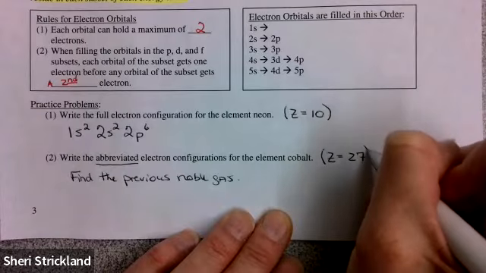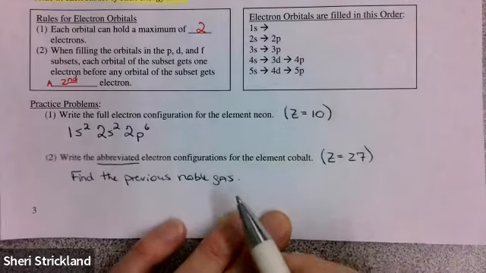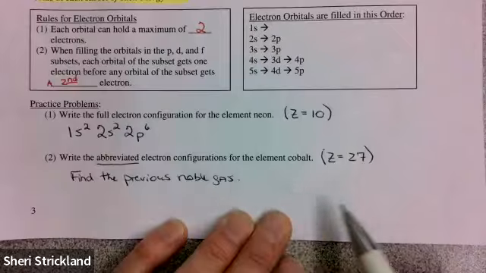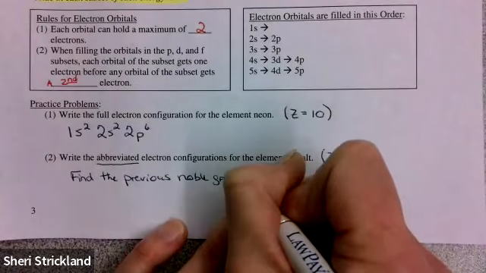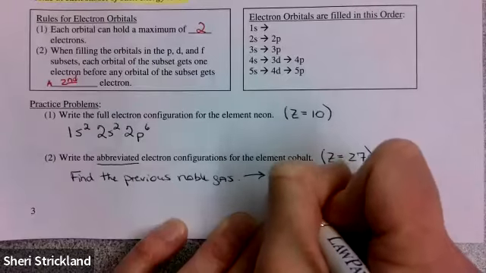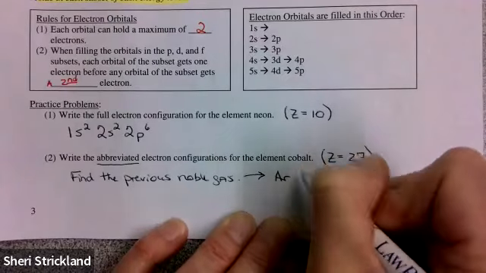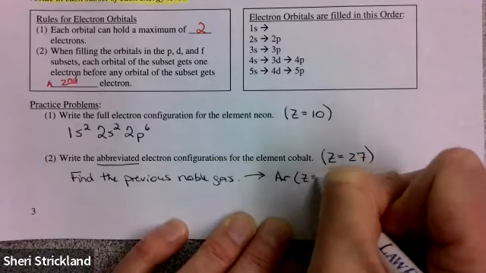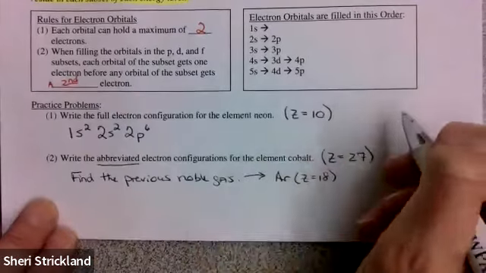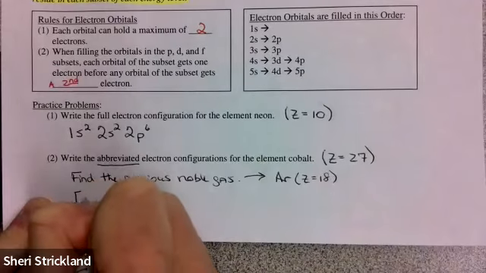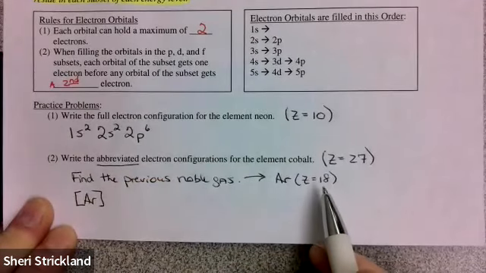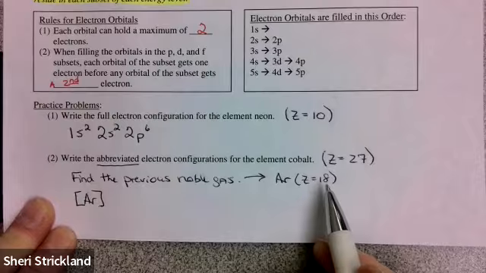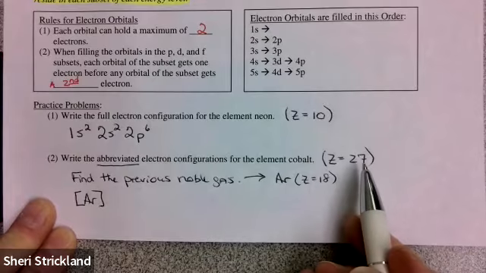You want the noble gas that comes as close as possible but before this. And that's going to be, in this case, argon, which has an atomic number of 18. So we're going to put the symbol for argon in brackets, and that accounts for the first 18 electrons.